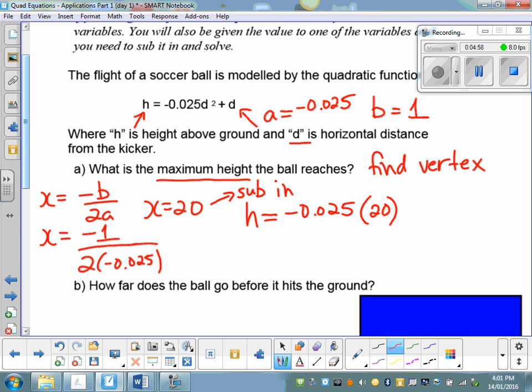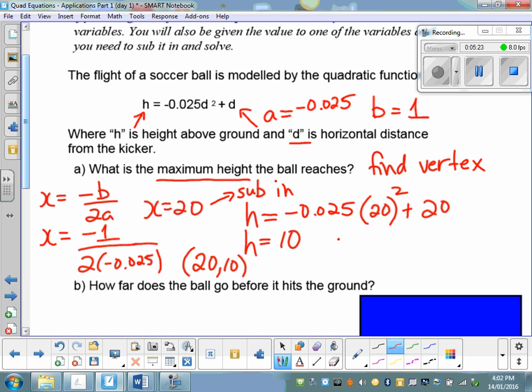And then I put x in where the d is there. So 20 goes in where the D is there, and 20 goes in where the D is there. And when you do this calculation, you come up with 10 for the value of h. So the vertex of this parabola would be 20 and 10.